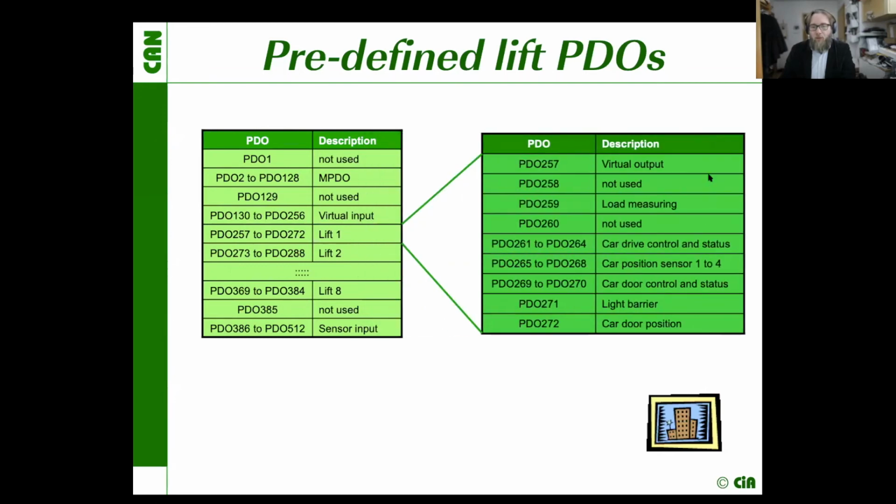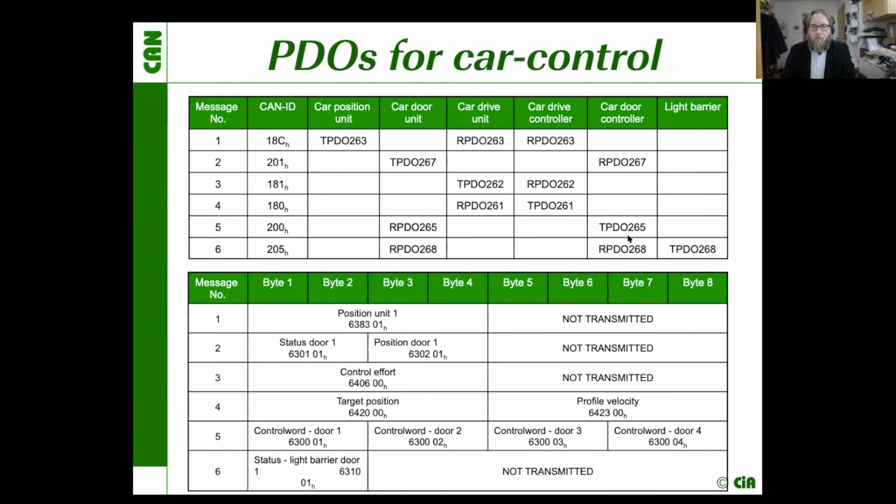And then within one range, you have the dedicated definitions for the PDOs, for a virtual output, like for the load measuring, for the car drive control and status, car position, car door control and status, and so on.